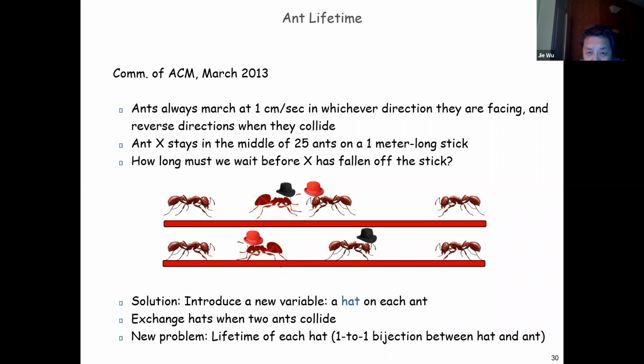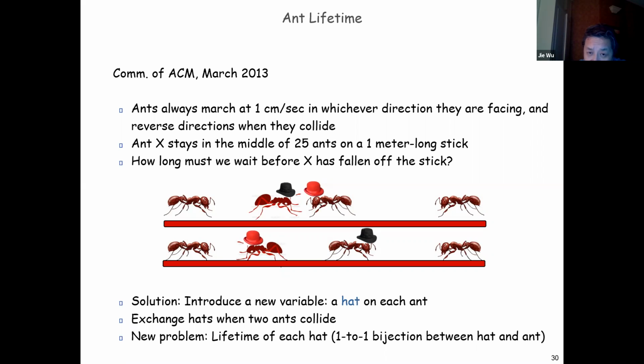Although we cannot really pinpoint the lifetime of a particular ant, that's very important. You change the problem, but we know the maximum time of a hat, which goes from left to right or right to left, so you can calculate it immediately. Pay attention, we changed the problem, and we also changed the lifetime of a particular ant.